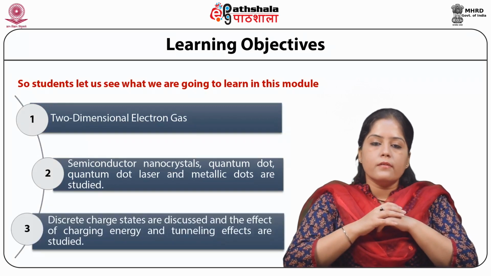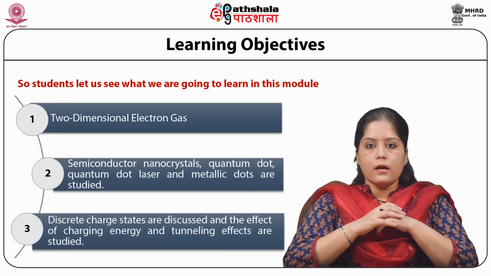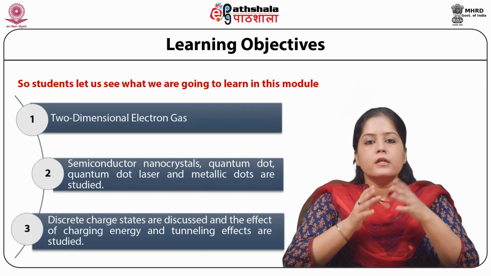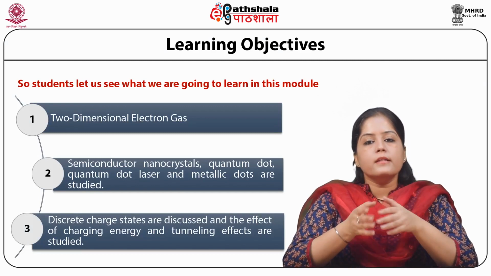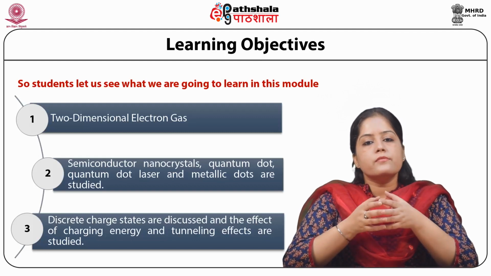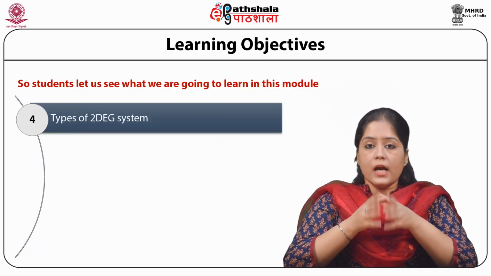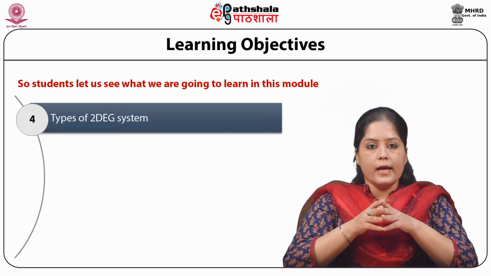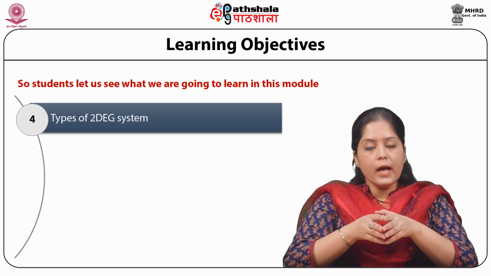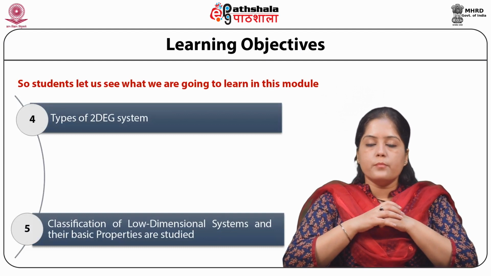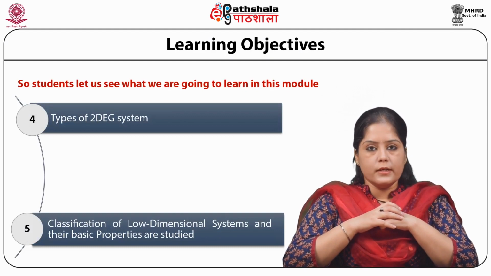Third, the discrete charge states are discussed and the effect of charging energy and the tunneling effects are studied. Next, we will also discuss the types of two-dimensional electron gas systems, their classification and their basic properties.